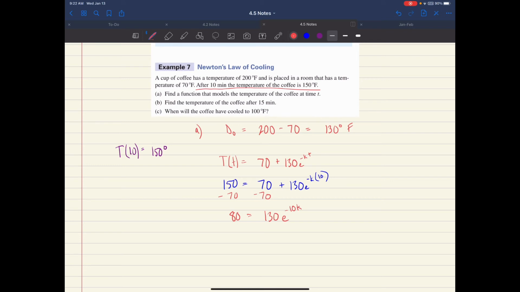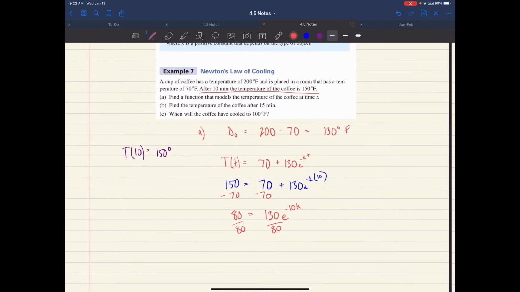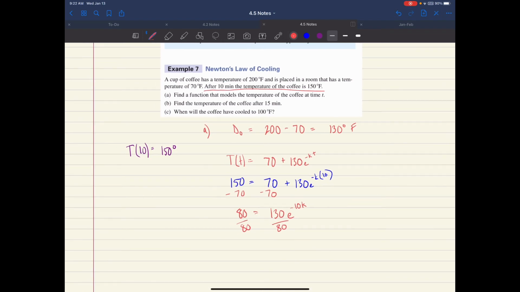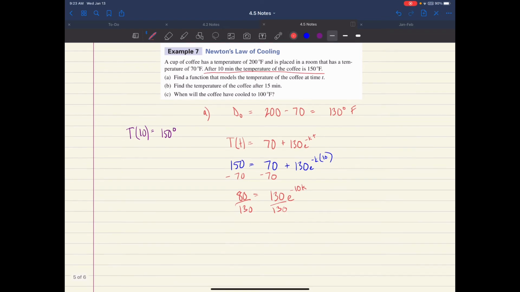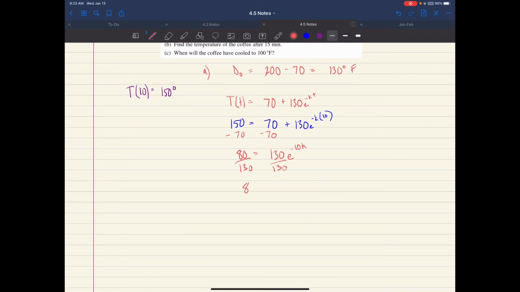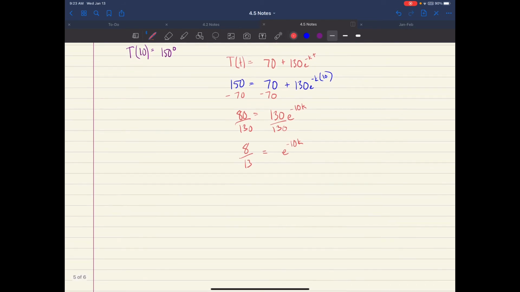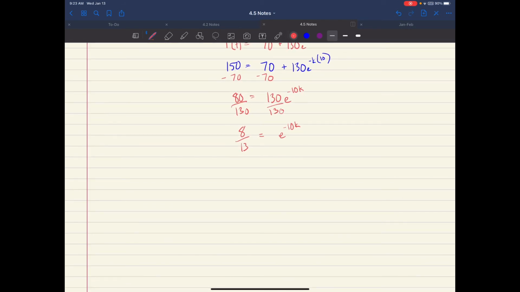And then we just keep going with this. So if I divide by 80, I'm sorry, not divide by 80, we're going to divide by 130. So then we get 80 over 130, that's going to simplify to 8 over 13 equals e to the negative 10k. And this looks, at this point, just like the last problem when we were solving for time in that one.